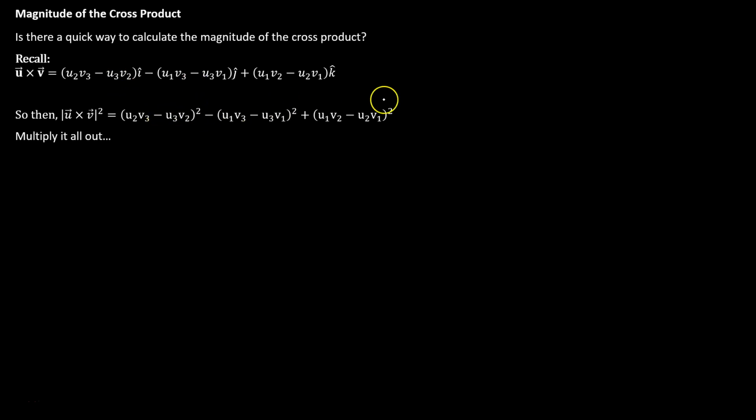If we multiply all of these out, remember that they're going to follow the perfect square binomial pattern. So this first one, for example, we'll multiply that one out just to show how it goes. That would look like u2 v3 minus u3 v2 times that same thing. And we would FOIL it out. So we'd have to multiply the first two terms.